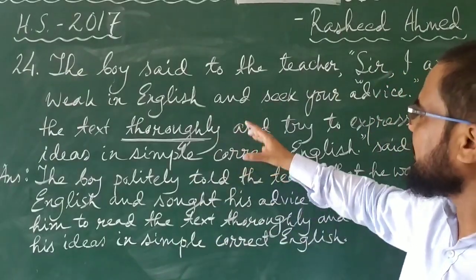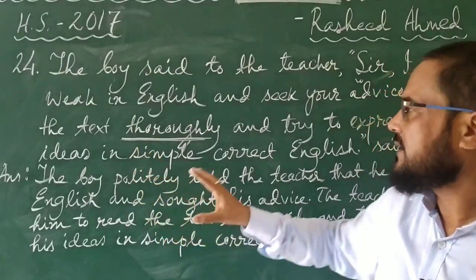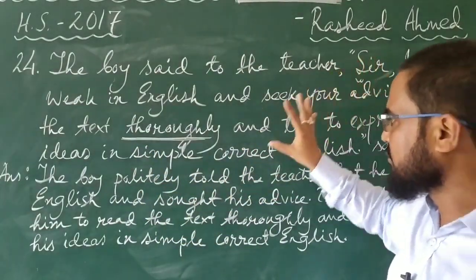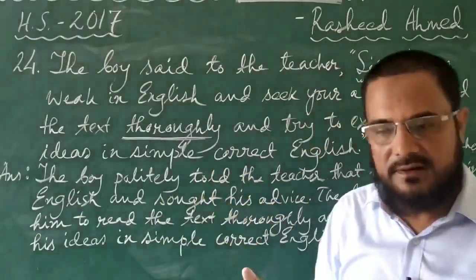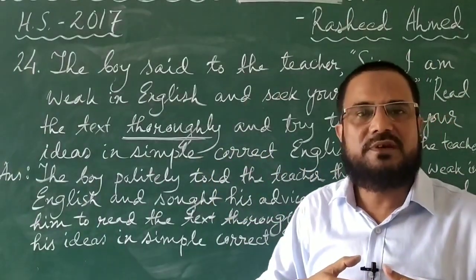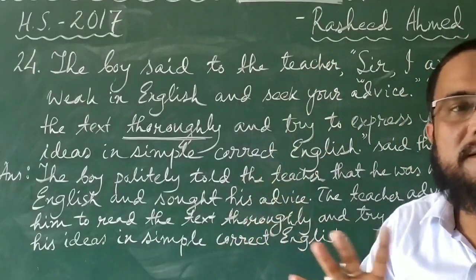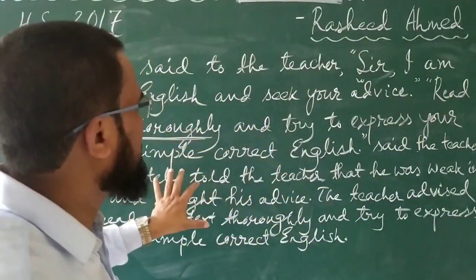So asked or said, whatever, that depends on whether the sentence is assertive or interrogative. That is another thing. But to use the word politely instead of sir, that is to be followed whatever be the other things, tense or type of sentence, that is something common. So I'm sure you have understood it.